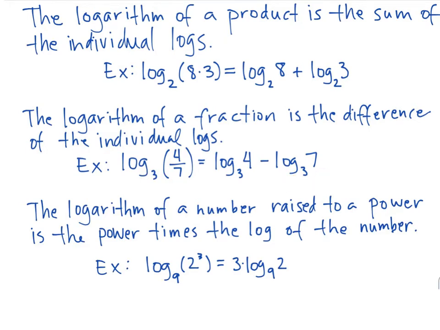And the last one says that the logarithm of a number raised to a power is equal to the power times the log of the number. So log base 9 of 2 raised to the power of 3 is equal to 3, so you take that exponent and you pull it out front, so 3 times log base 9 of 2.